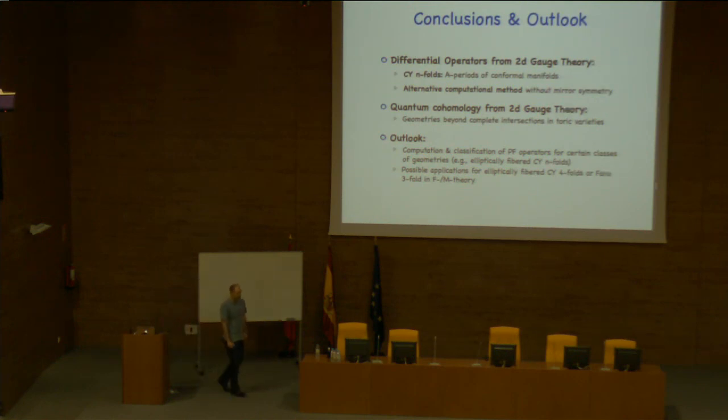Then depending on what boundary condition you choose, you would pick a particular linear combination of periods. That's a computation you can do. I'm currently looking at this in a slightly different context, not in 2 dimensions but in 3 dimensions, and there's an interesting story there.